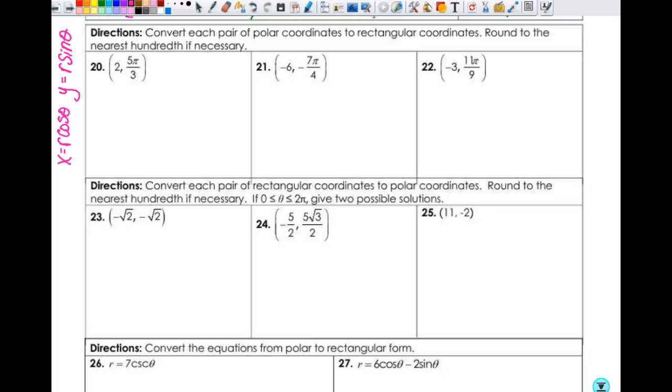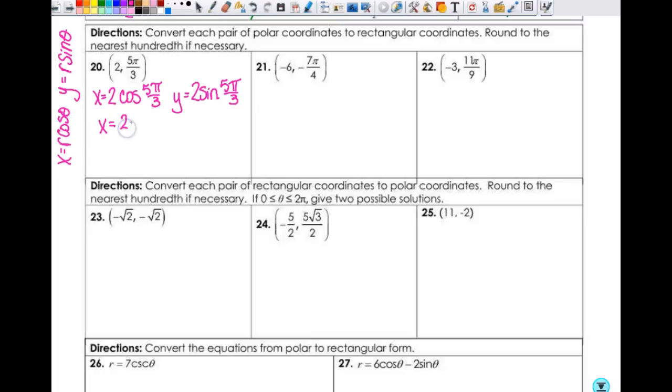All right, so then I'm going to have x equals 2 times the cosine of 5 pi thirds, and y equals 2 times the sine of 5 pi thirds. Okay. So that means that x is equal to, so the cosine of pi thirds is 1/2, and then 5 pi thirds is the fourth quadrant, so that's still a positive 1/2.